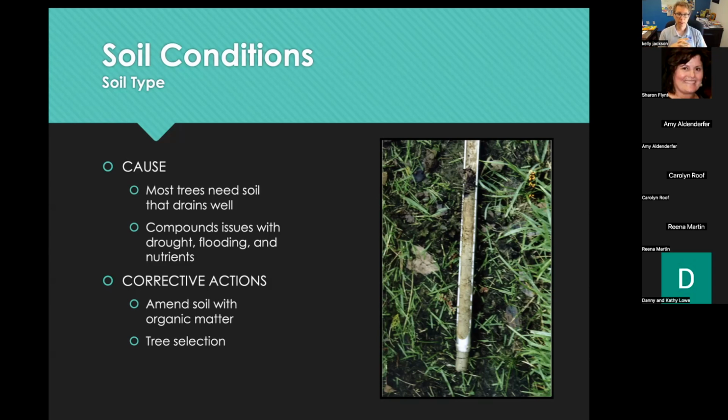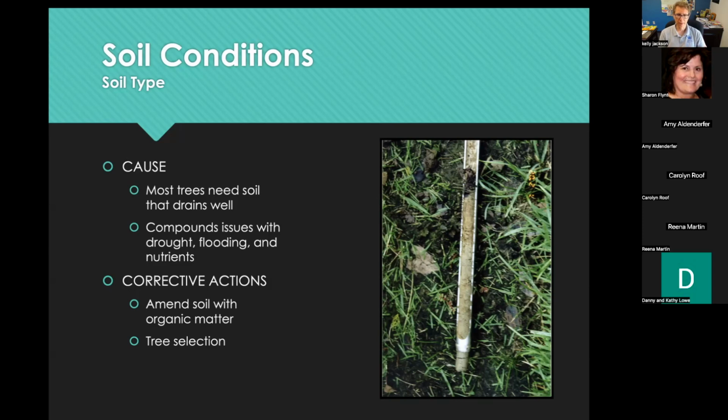You can really improve the drainage, the water holding capacity, and the nutrition of that soil, making amendments that way. You will not have the same effect by putting that compost or organic matter into the planting hole.